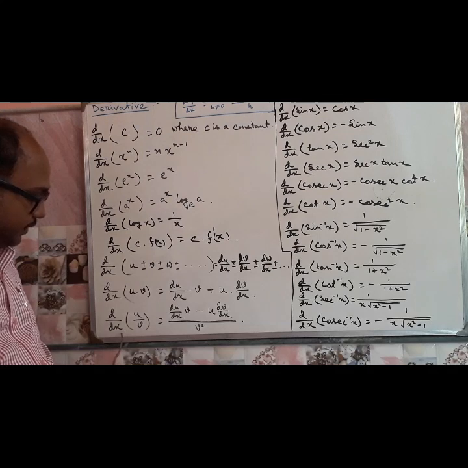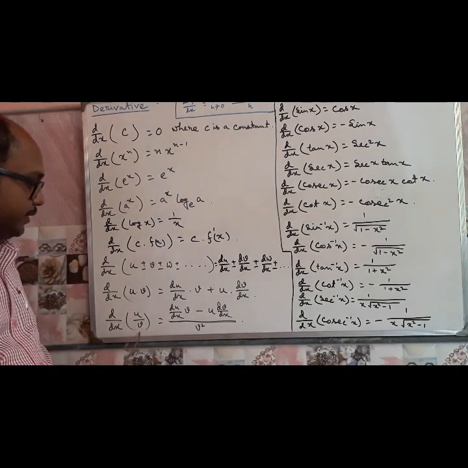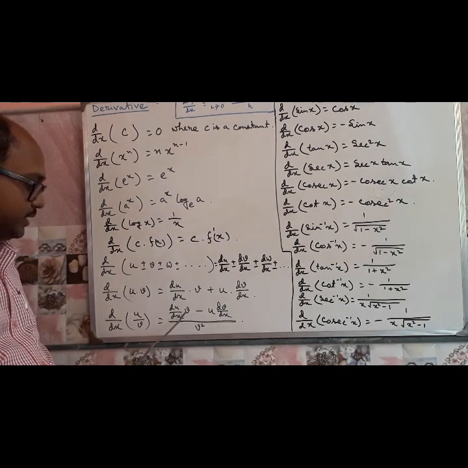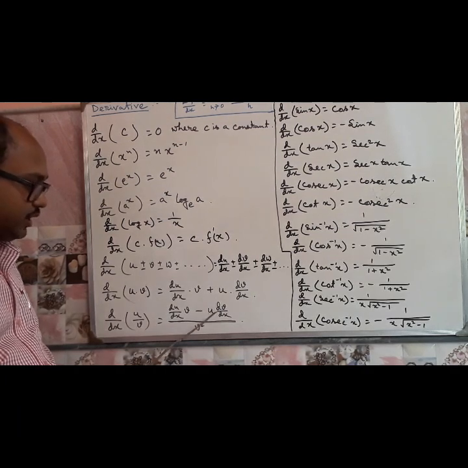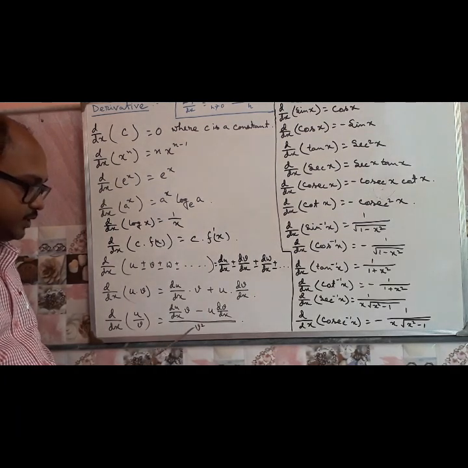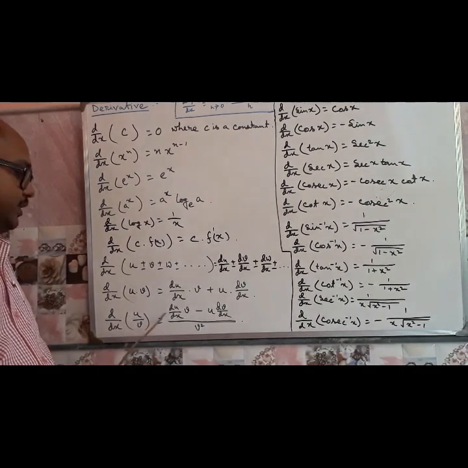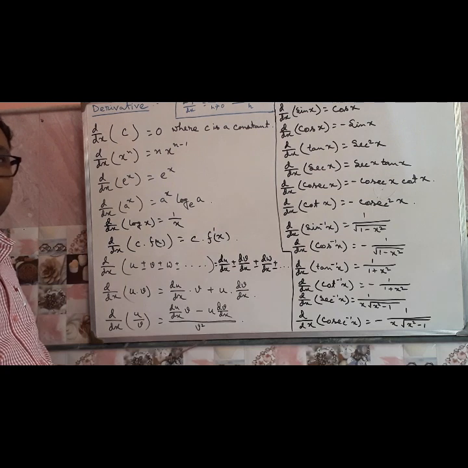And the derivative of the divided form u by v is the derivative of the first function into the denominator minus u into derivative of v, by v square. Again I am telling, derivative of u by v is du dx into v minus u dv dx by v square.